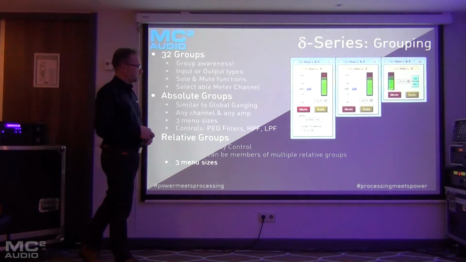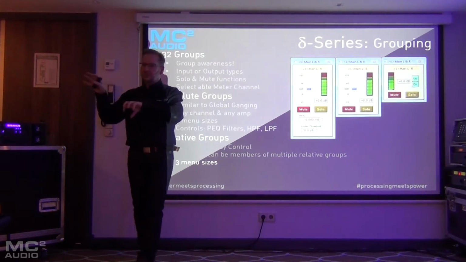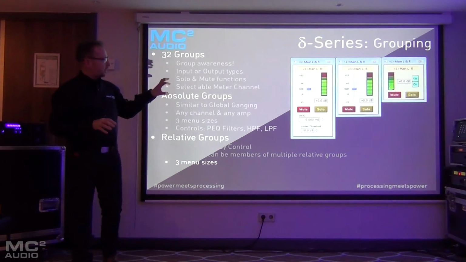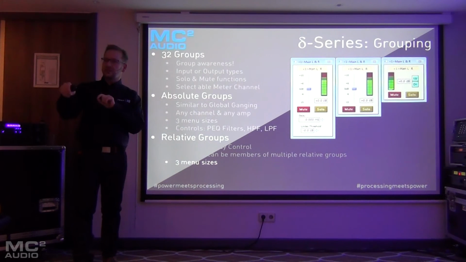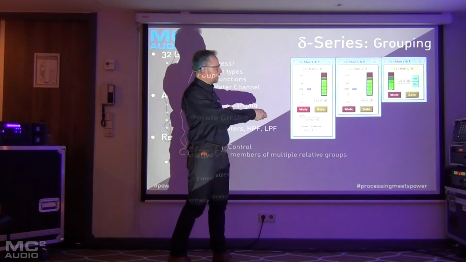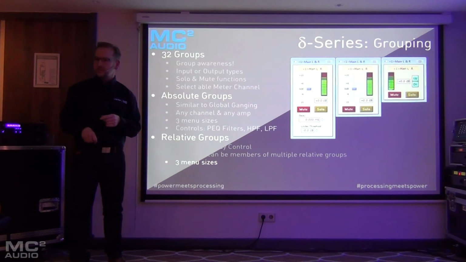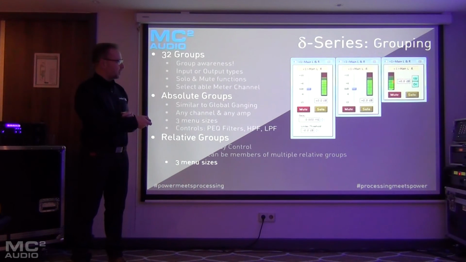Again, there's 3 menu sizes available depending on how much you want to be able to see on the screen, and also how much you want to be able to access directly with just one click. So with the small one, you've just got gain up and down indicators, but you've still got a meter, the mute and the solo function.